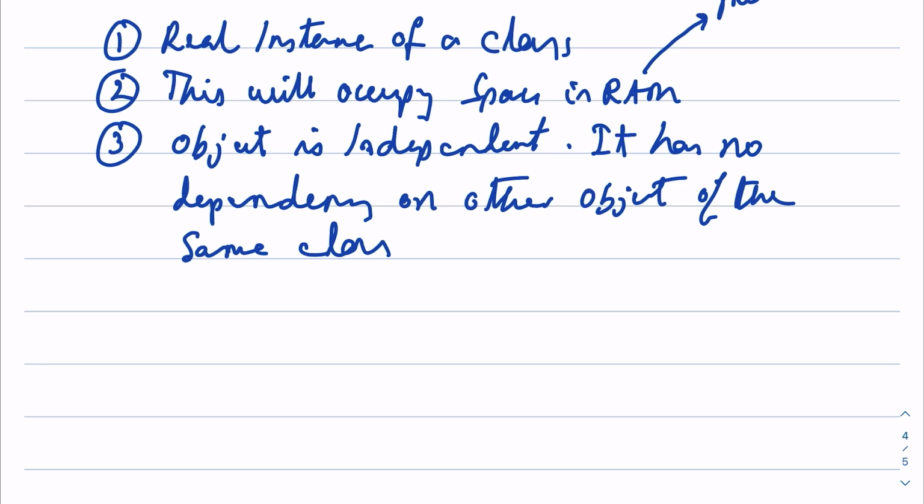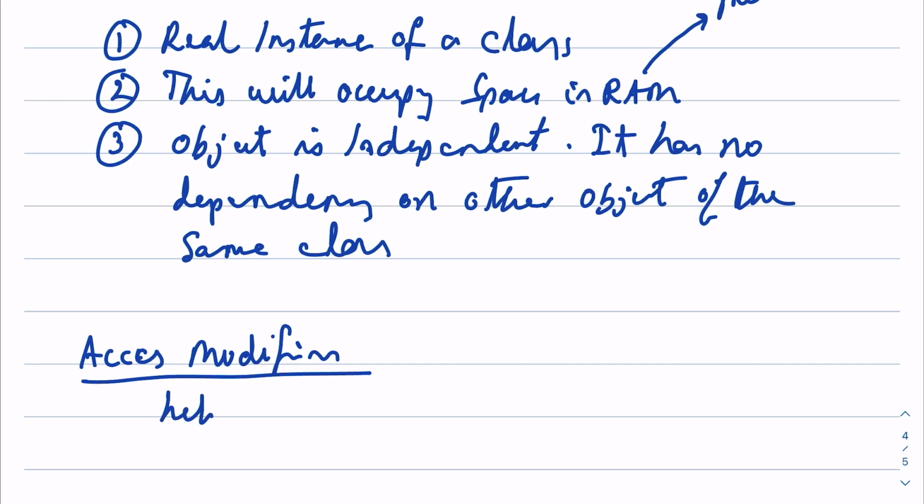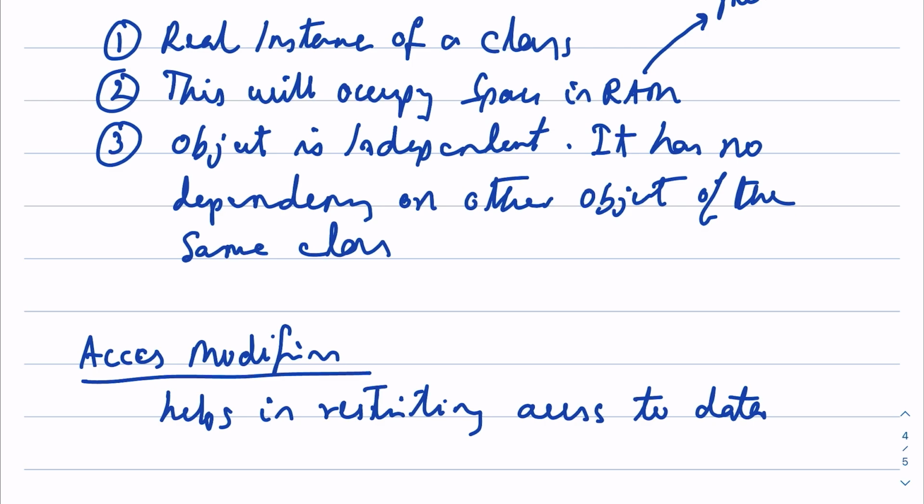So let's move to the last topic of today, that is access modifiers. What are access modifiers? As we talked about in encapsulation, access modifiers help in restricting access to data and behaviors.